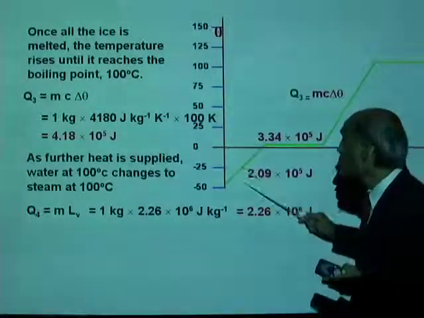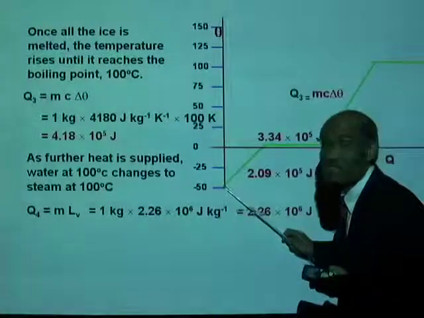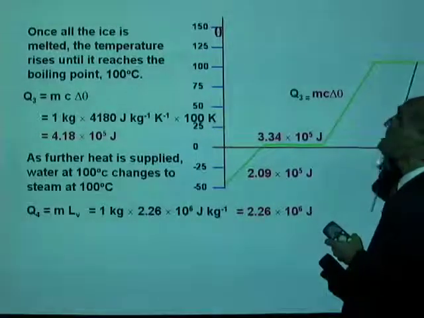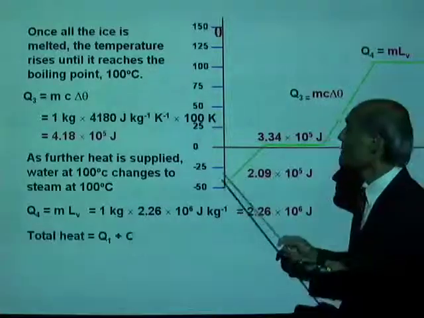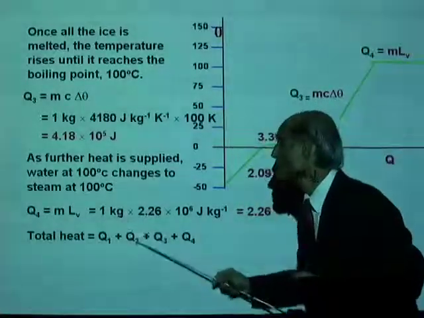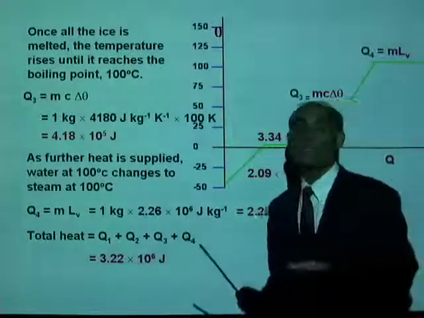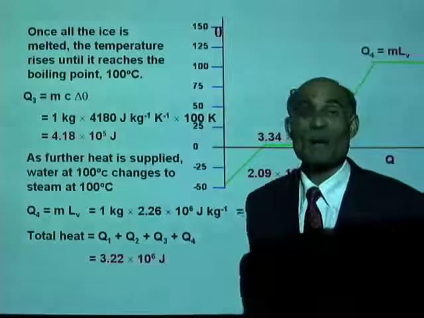So what is the total amount of heat absorbed by that ice at minus 50 degrees to become steam at 100 degrees? You add all the quantities Q1 plus Q2 plus Q3 plus Q4, and that will be a measure of the total amount of heat.